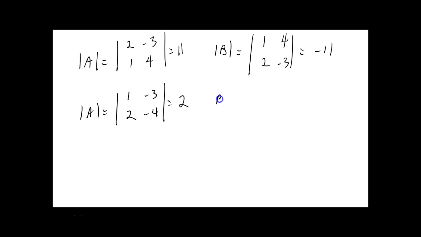Okay. Here's B: 1, negative 3, 0, 2. Even easier. What's that one? It's 2. How did you get from A to B?